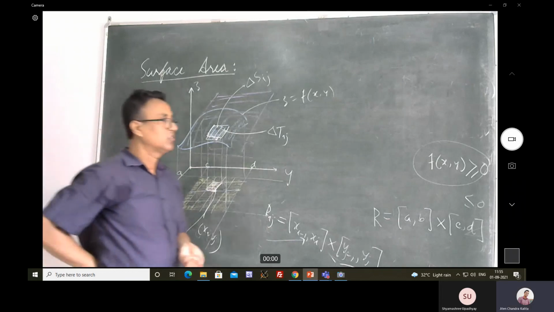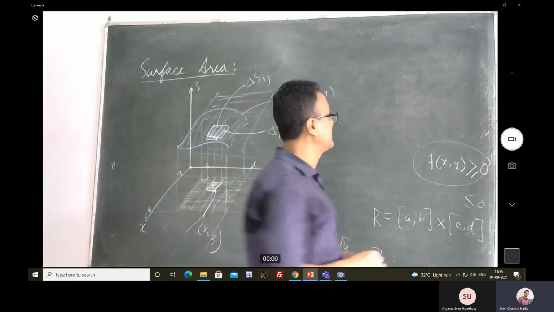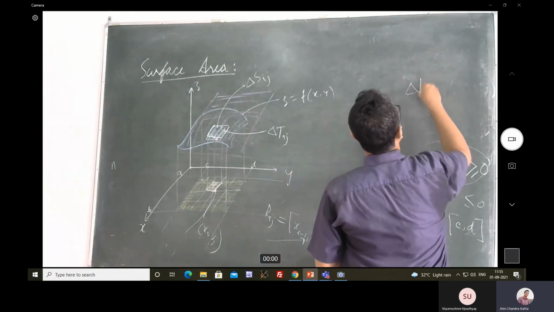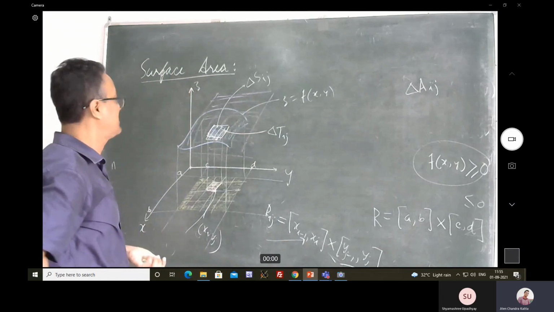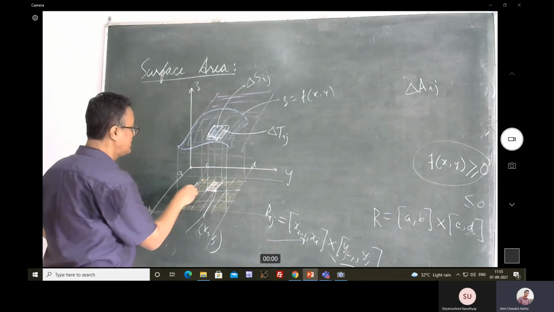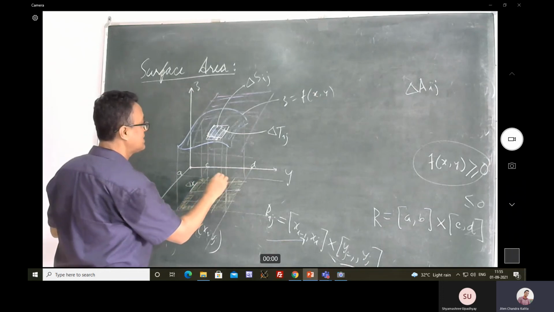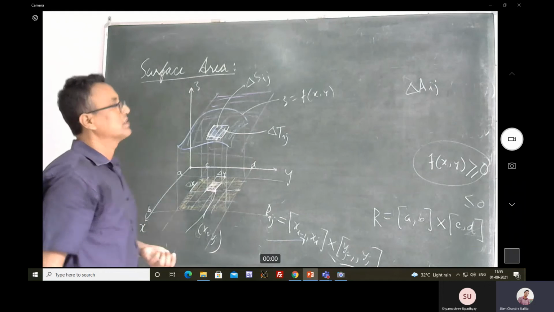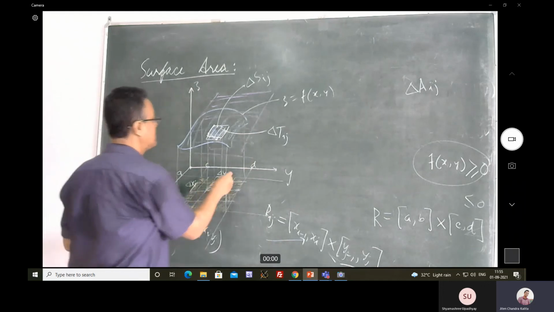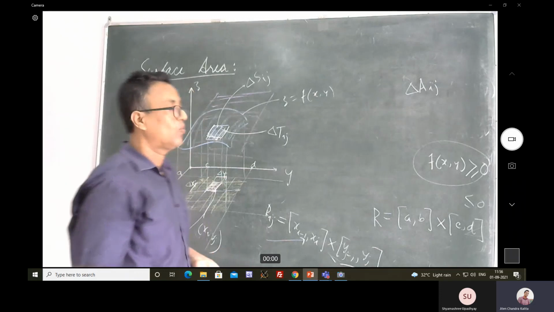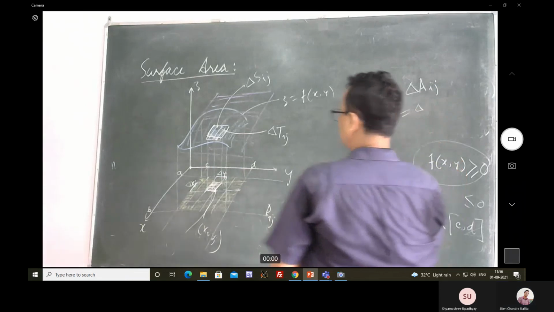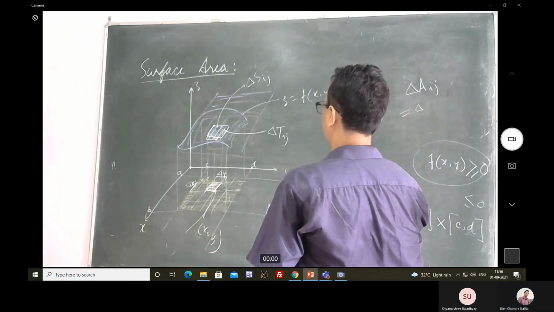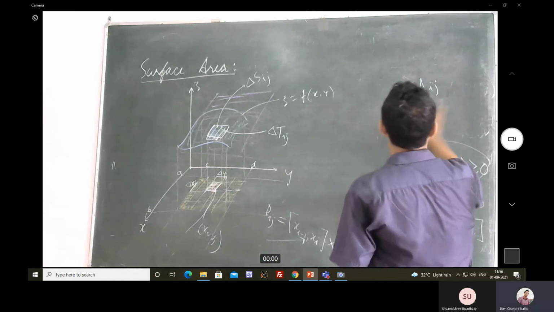Okay. So now, if the area of the tangent plane is delta Aij, and of course we are going to assume that this length is delta x_i, and this is delta y_j.